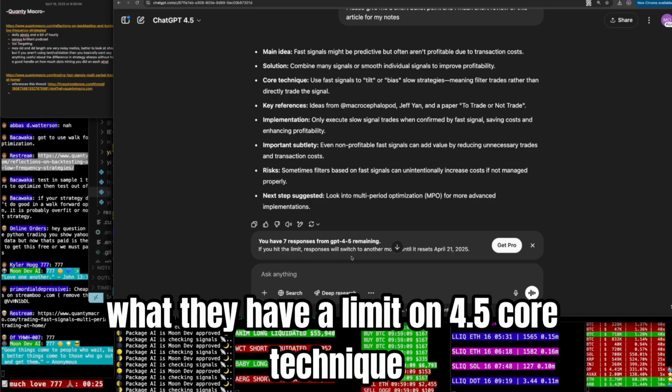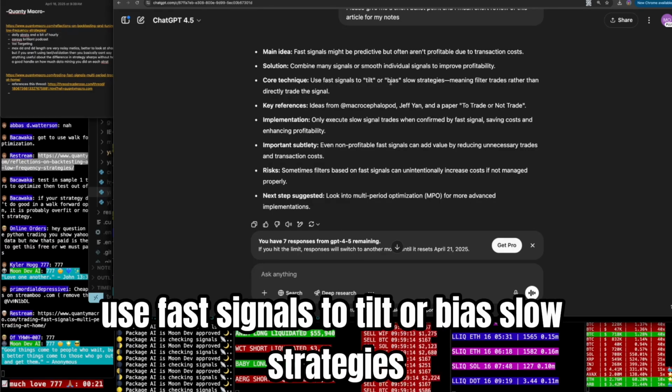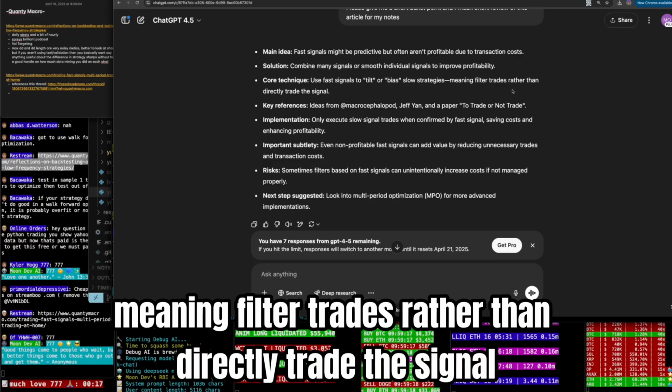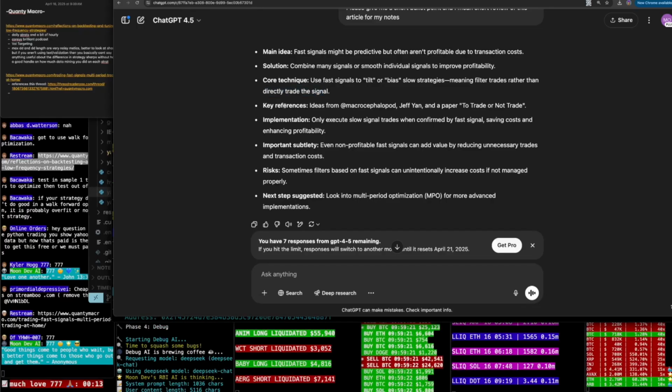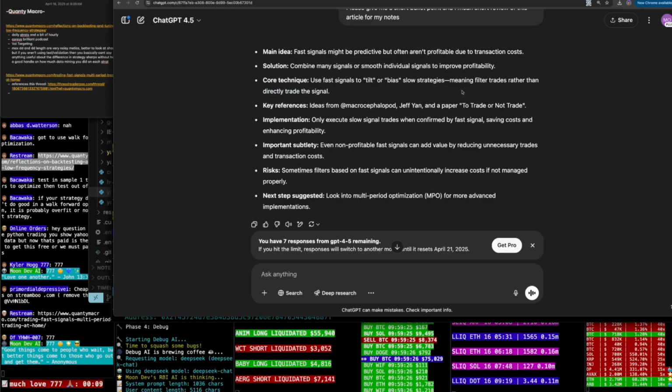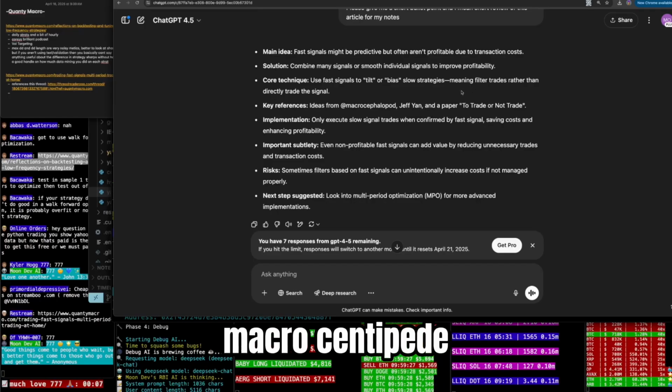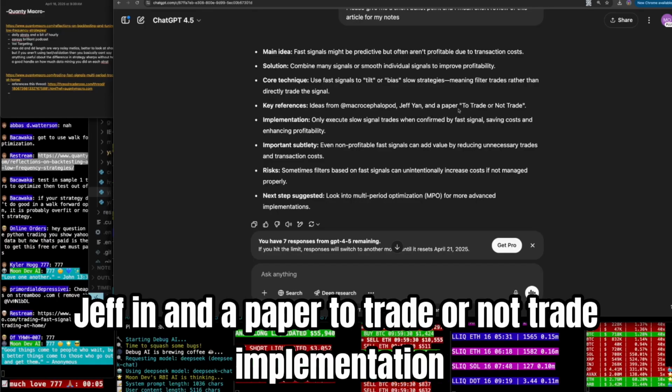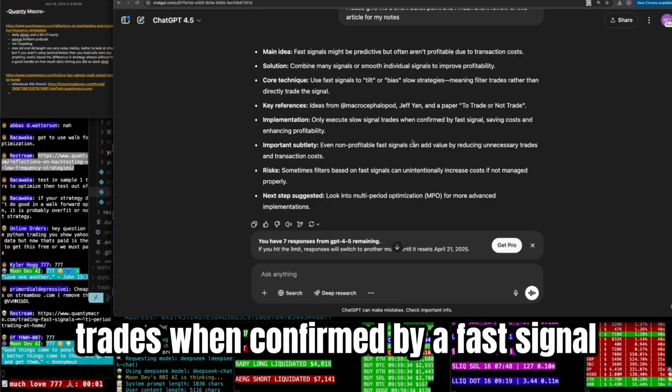Core technique: use fast signals to tilt or bias slow strategies, meaning filter trades rather than directly trade the signal. Key references: ideas from Macro, Centipede, Jeff Yan, and a paper, To Trade or Not to Trade. Implementation: only execute slow signal trades when confirmed by a fast signal.